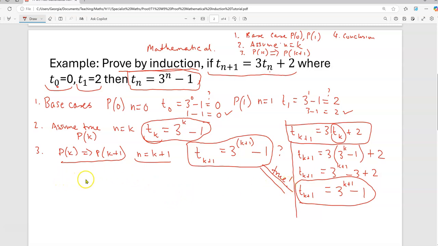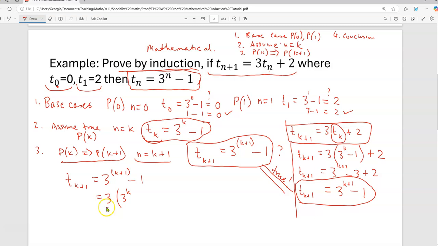There's another way we could show it was true, just to make life a bit more complicated. We could have gone to this formula straight away and said, well, if we expand that out, k plus 1, we've got that minus 1, that's equal to 3 times 3 to the power of k. Having a look at this formula, 3 times 3 to the power of k is 3 to the power of k plus 1.